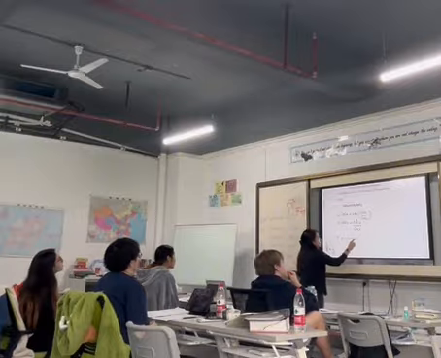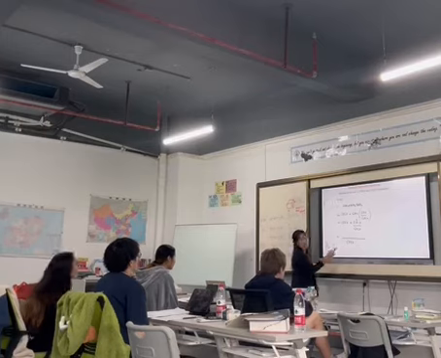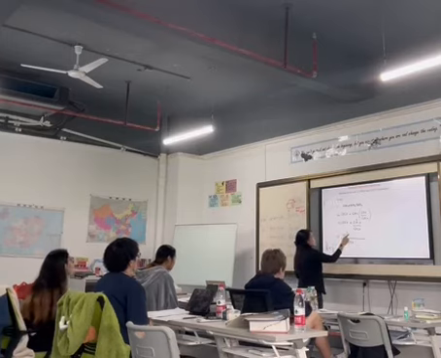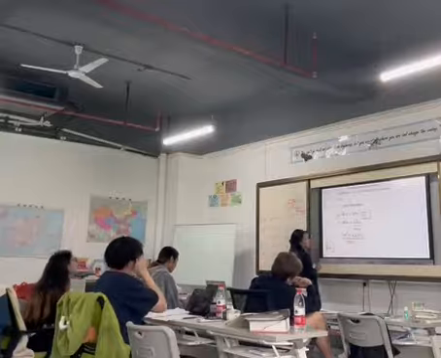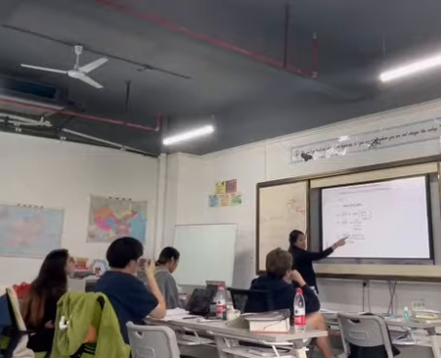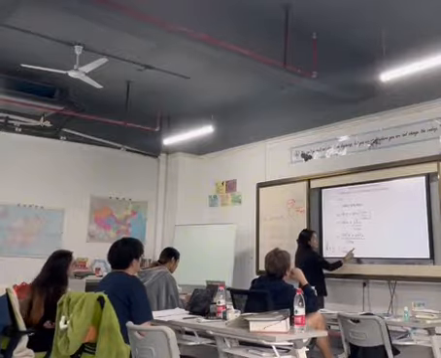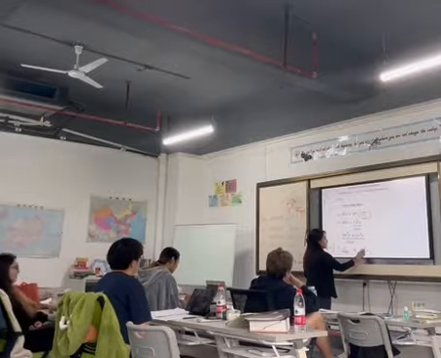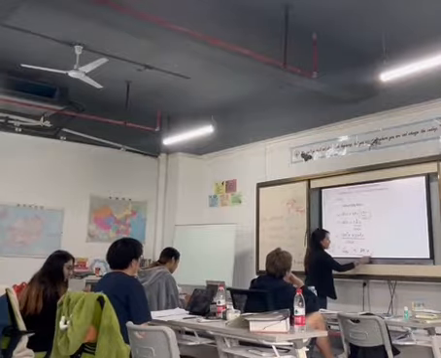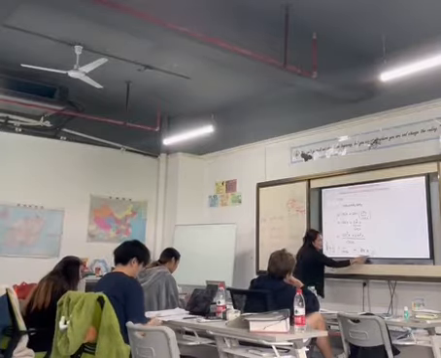If we get the common denominator, cosine squared x plus sine squared x, this is 1. So 1 over cosine x, and 1 over cosine x is secant x. So this we call simplifying, from this one to this.